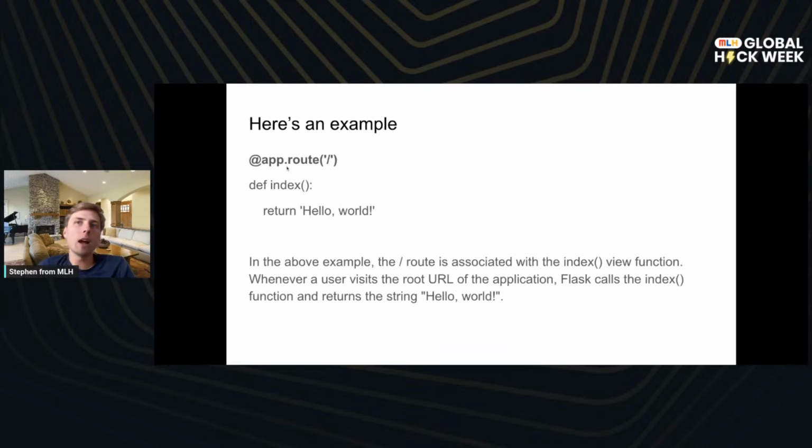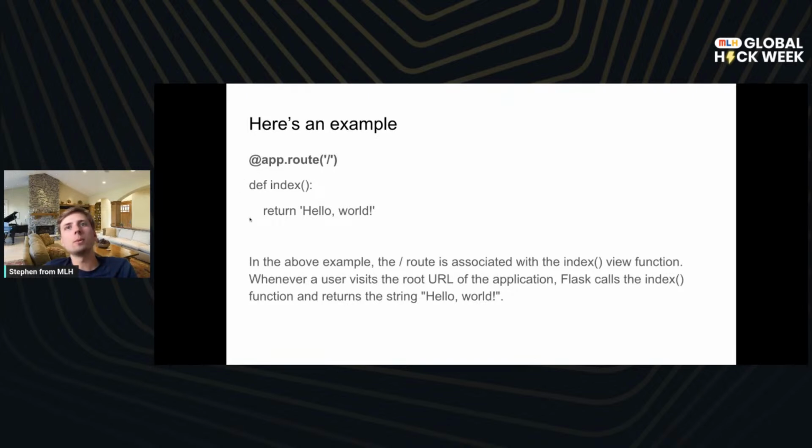And then .route is a decorator that we can implement with our app object. The argument we give to route is a slash, and this slash represents that we're looking at the home page, which is just the default location of the app. So we're saying whenever the user visits the home screen, we want to execute this view function.